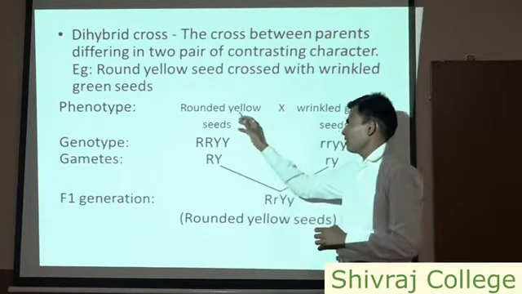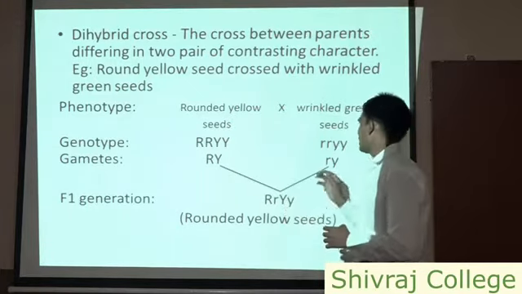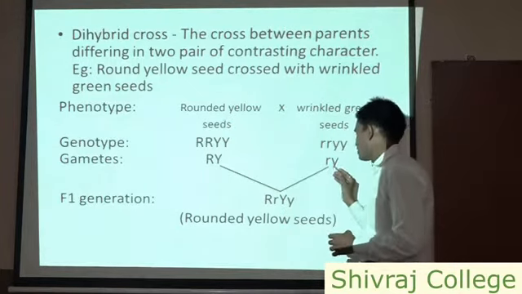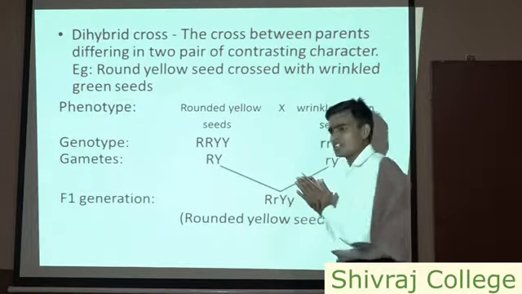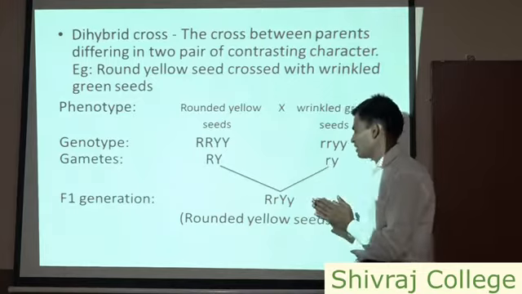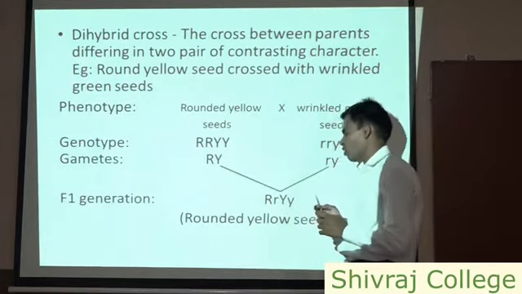From the round yellow seeded plant only capital Y, and from the green wrinkle plant only small y. So the F1 plant, the first generation plant, has the genotype capital R, small r, capital Y, small y.